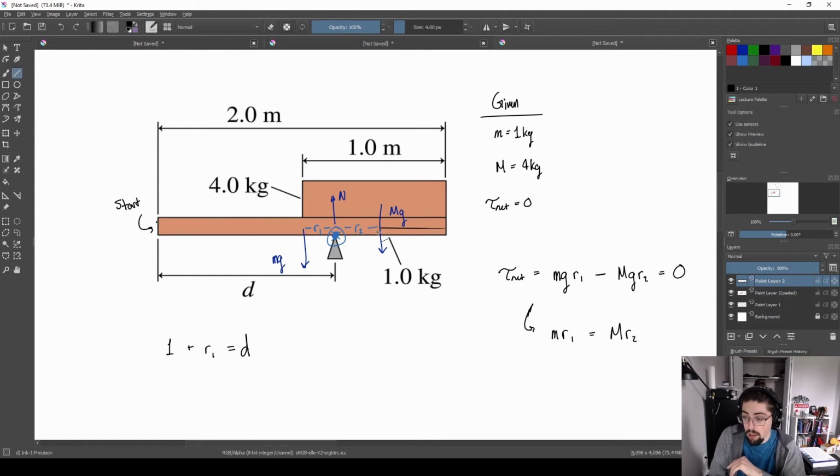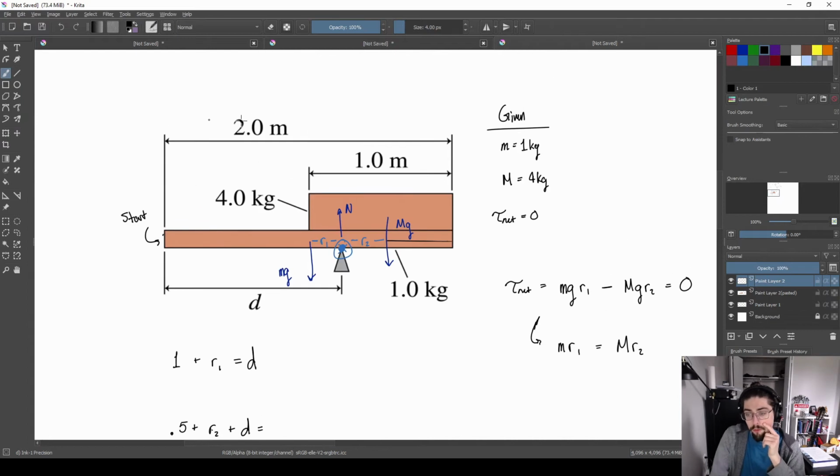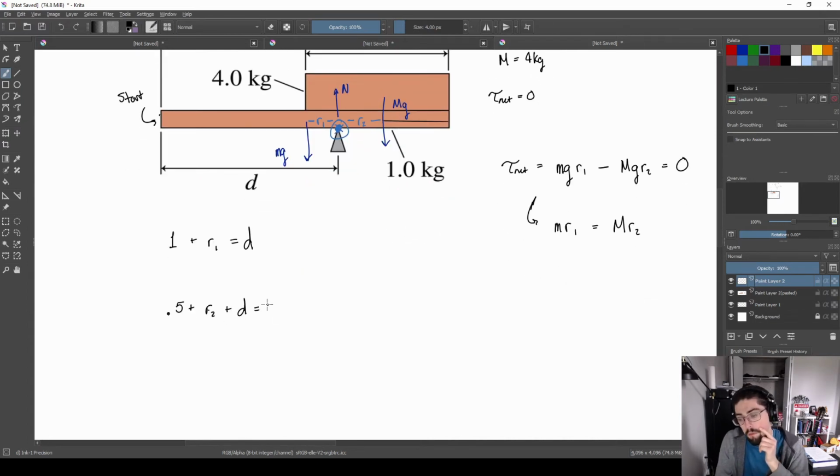One of the values that I see coming out across to me right now is this distance right here, which should be half a meter because it's splitting the upper block halfway through, right? So the upper block is 1 meter across. I split halfway across. That's 0.5 meters. So that's basically saying that 0.5 plus R2 plus D should equal the full span, the full 2 meters.